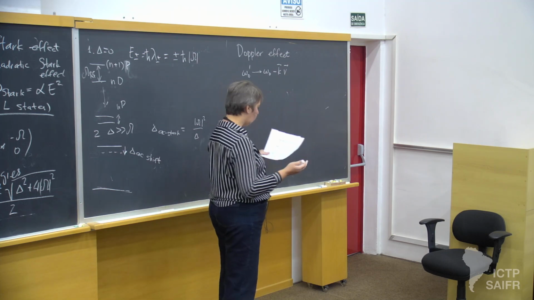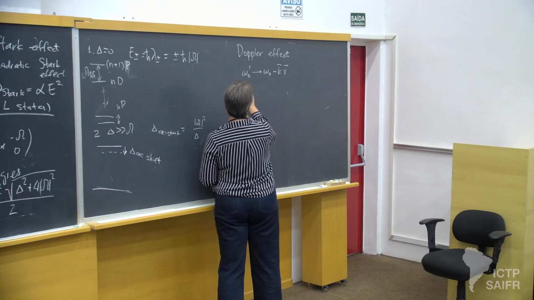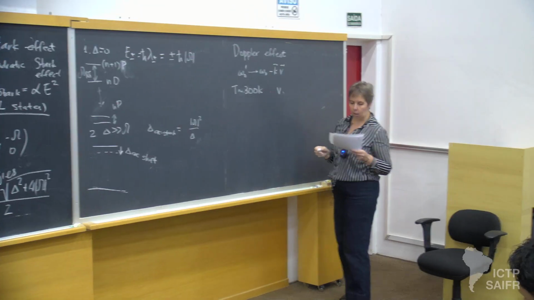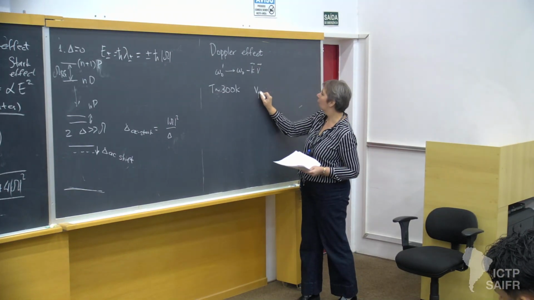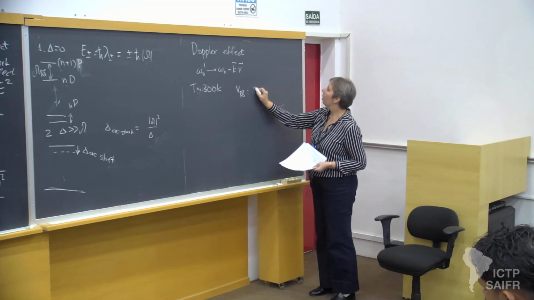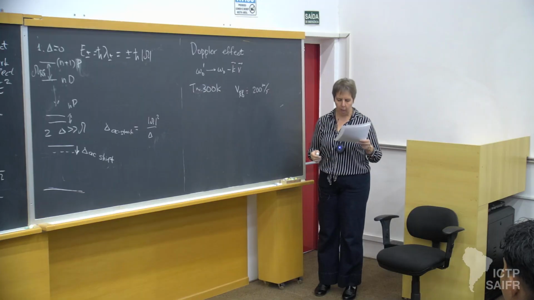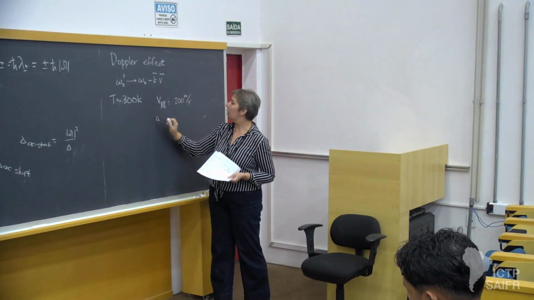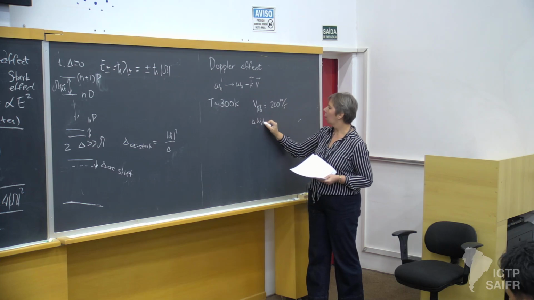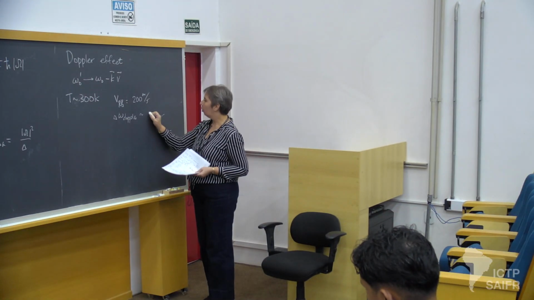However, for example, for a thermal gas at room temperature, about 300 Kelvin, rubidium atoms are on the heavy side, so they're a little slow. It is about 200 meters per second. That's their average speed. And that means that the average Doppler shift, for the Doppler profile, will be on the order of 200 megahertz.